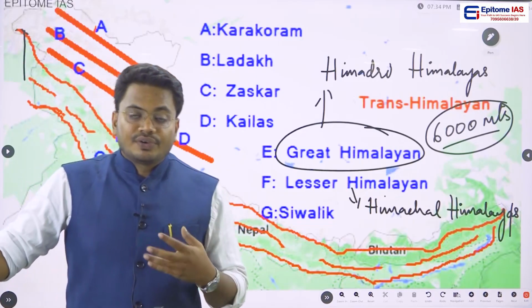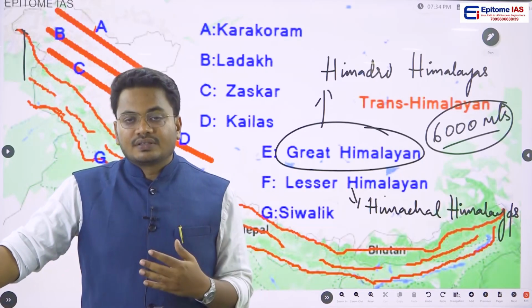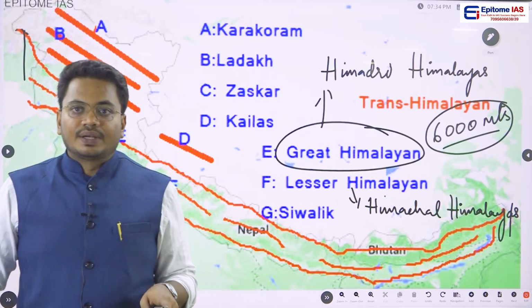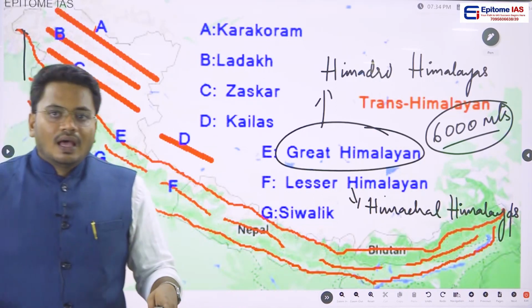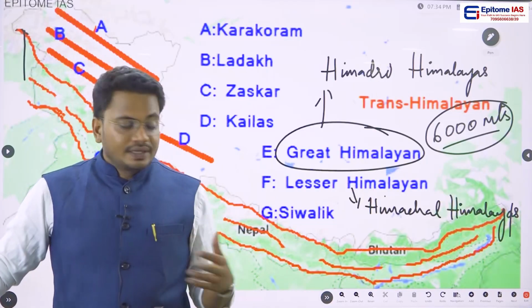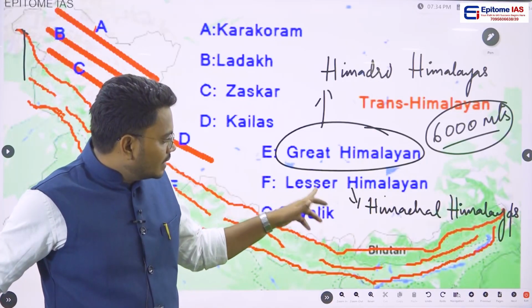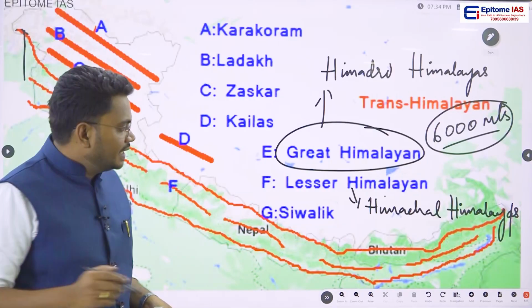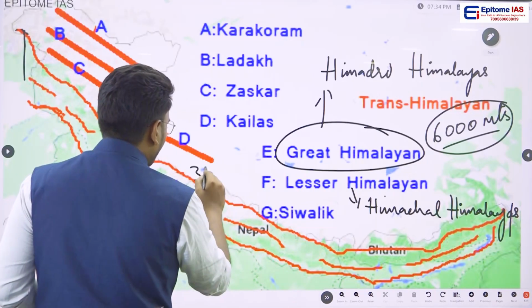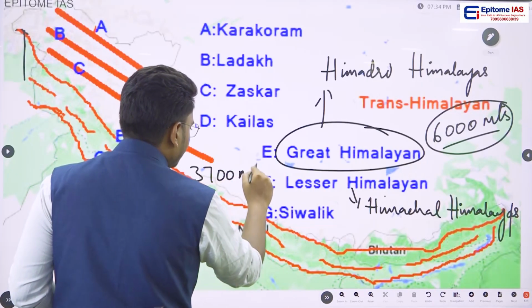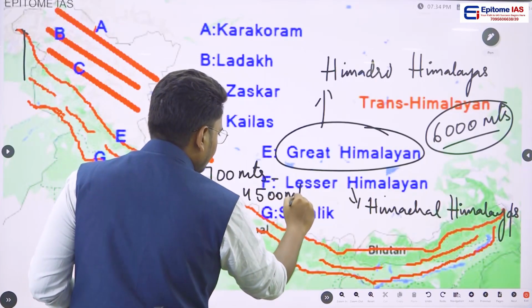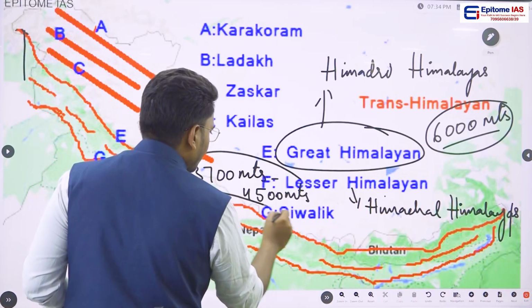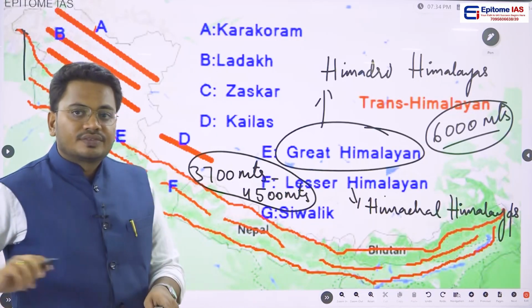The average height of Himachal Himalayas is very less when compared to Himadri Himalayas. The average height would be between 3,700 meters to 4,500 meters.